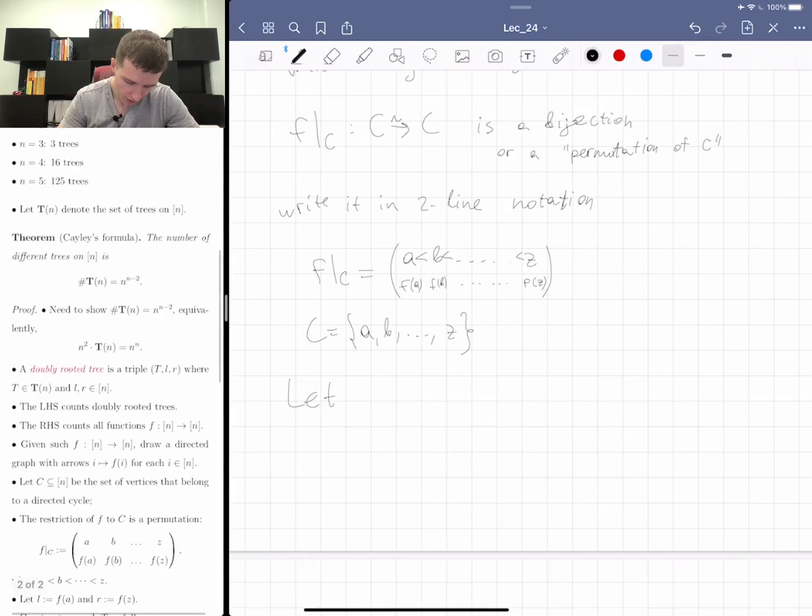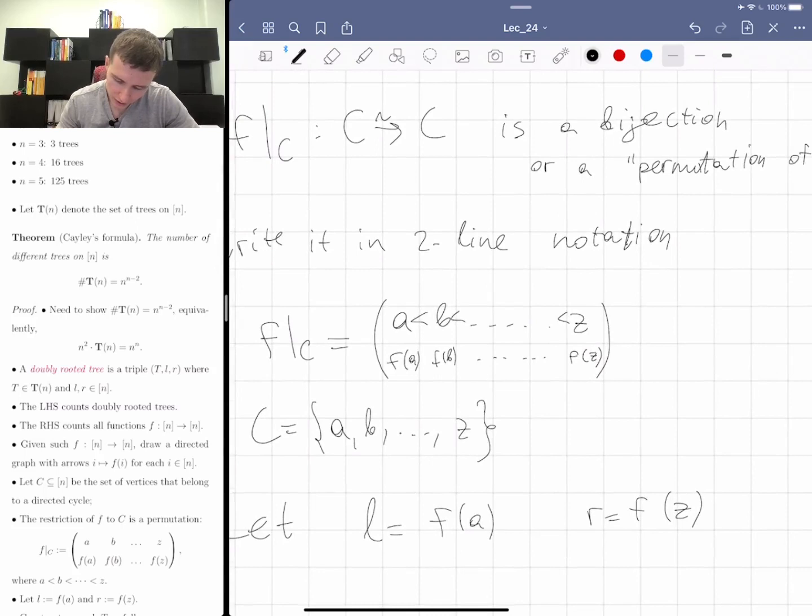So first of all, I want to set L to be f of A and R to be f of Z. Let me redefine, because I don't like this. Let's say A, B, and Z are C1, C2, all the way up to CK, and f of C1, f of C2, all the way up to f of CK.